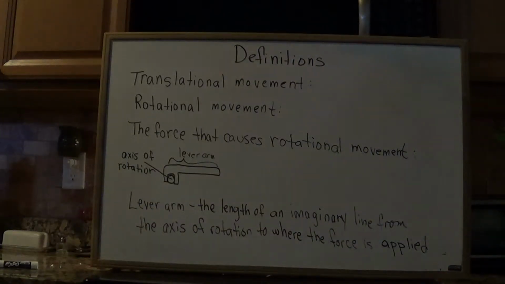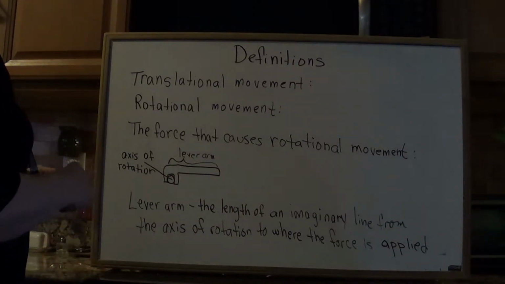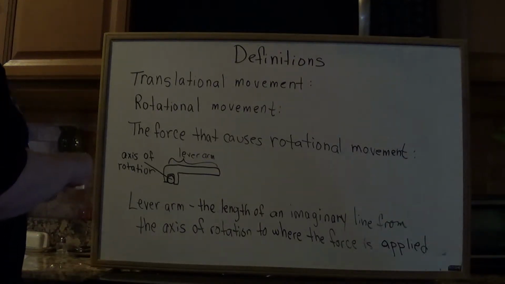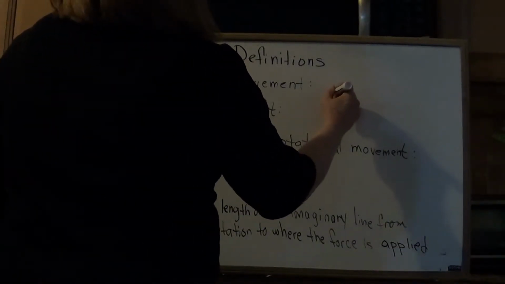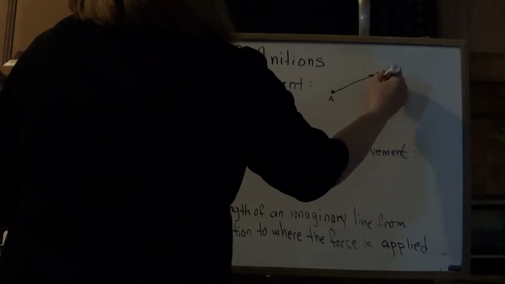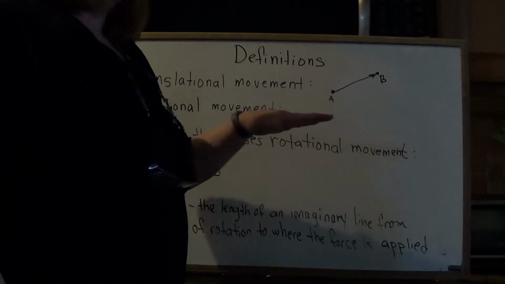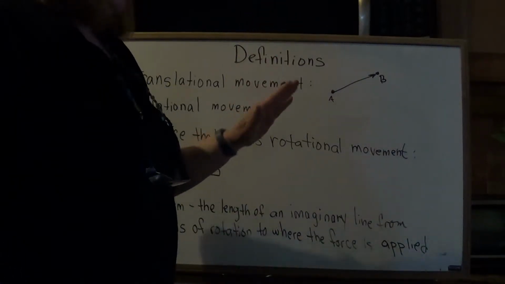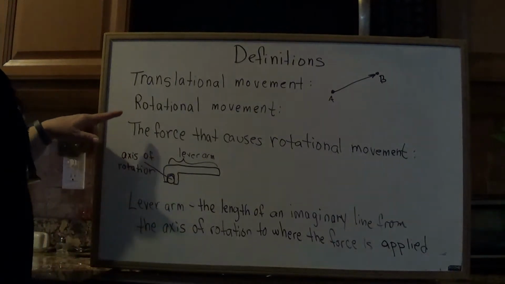Definitions. The first definition is translational movement, and that is what we've been studying so far. It's from point A to point B in a straight line. We can go horizontally, right and left, we can go vertically, and now we go diagonally. So we've studied that kind of movement.